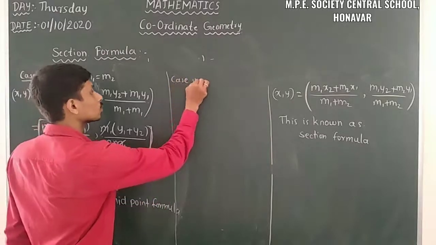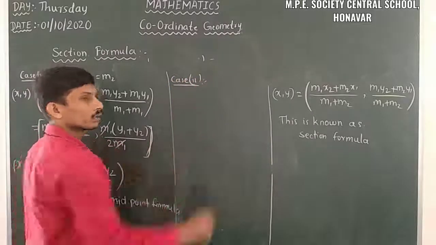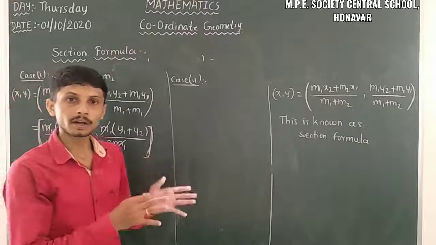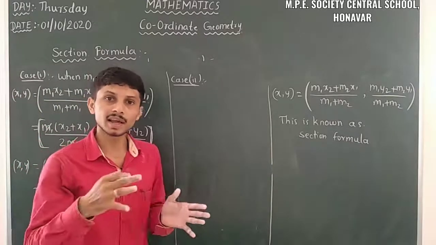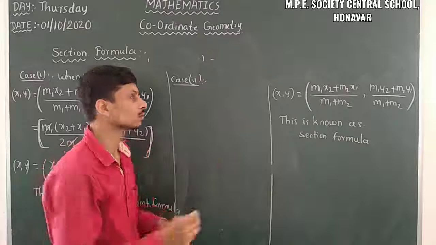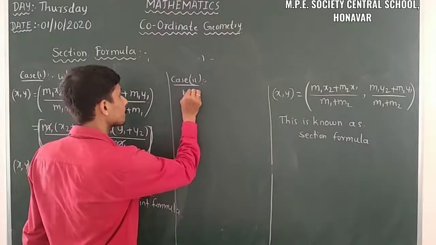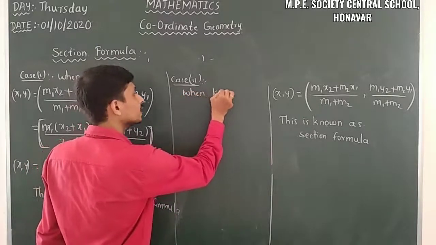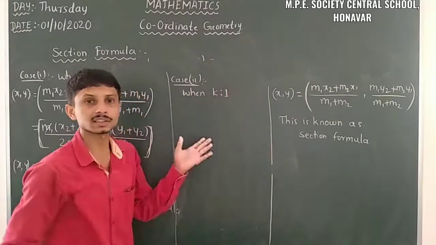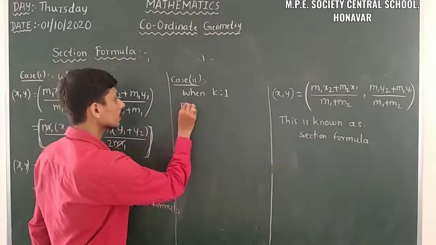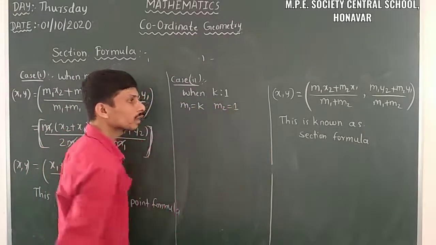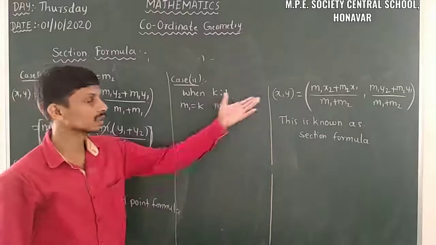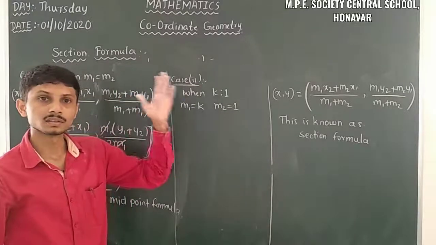Yes. Then let us take another case, case 2. When we have a point which cuts the line internally in the ratio k is to 1, that means m1 is equal to k and m2 is equal to 1. So we have to just insert those values in that section formula.